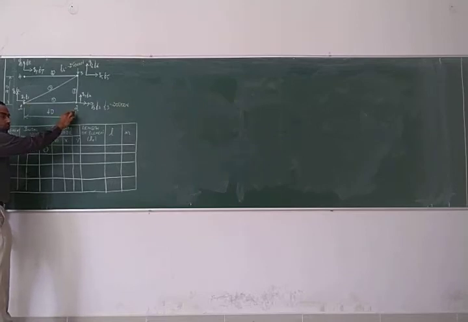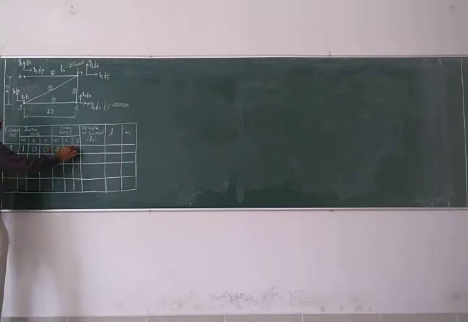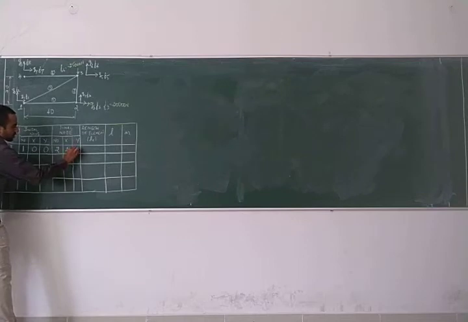Next, the final node for element 1 is 2. So for node 2, what are the coordinates along x direction? It is 40, and node 2 y coordinate is 0.